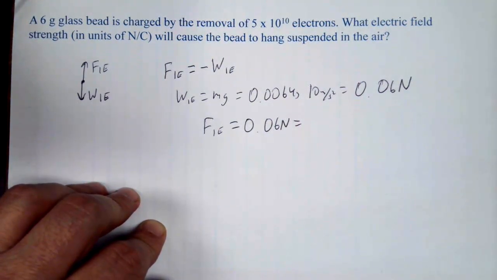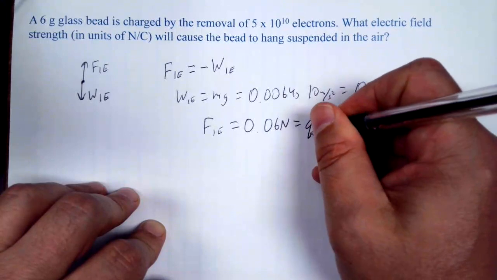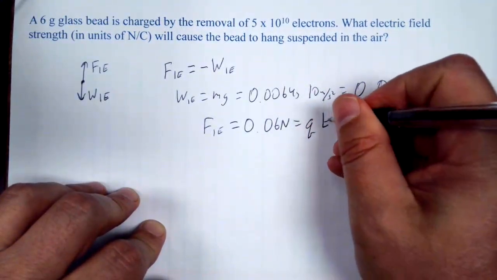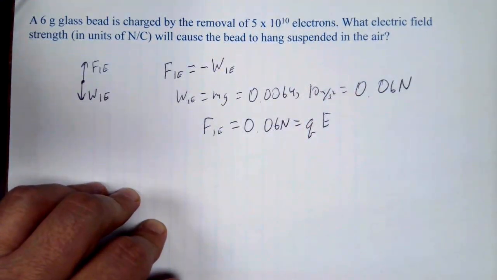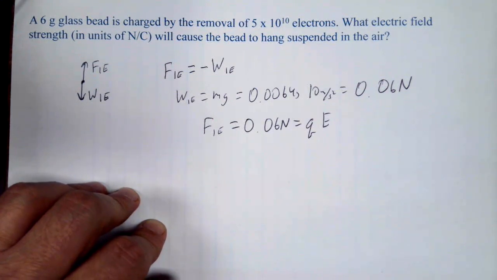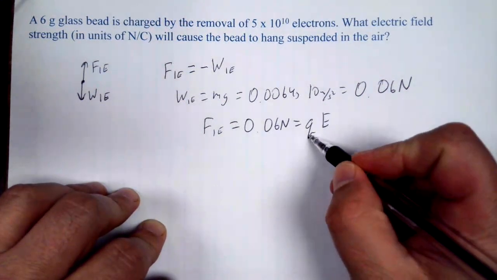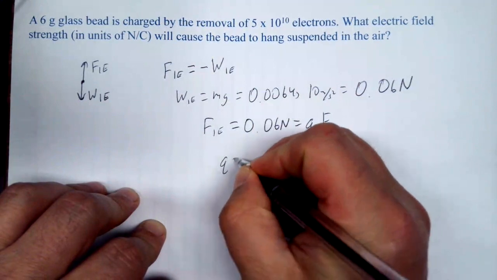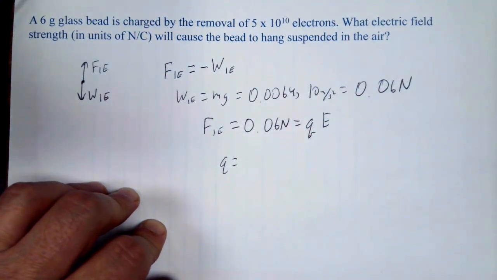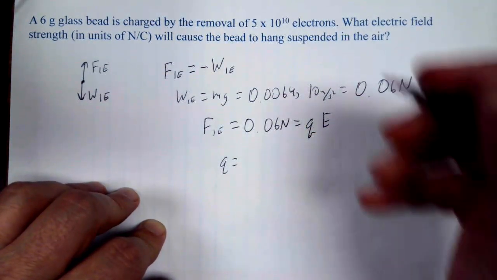To find the force caused by the electric field, we multiply the charge by the strength of the electric field, and that gives us the force. So that means we need to find Q. In this case, we aren't given the charge in coulombs, we're given the number of electrons.